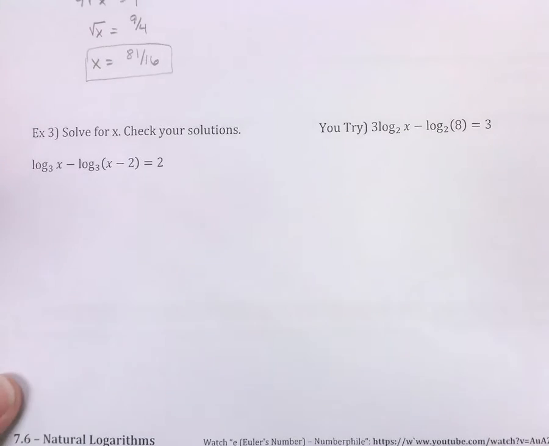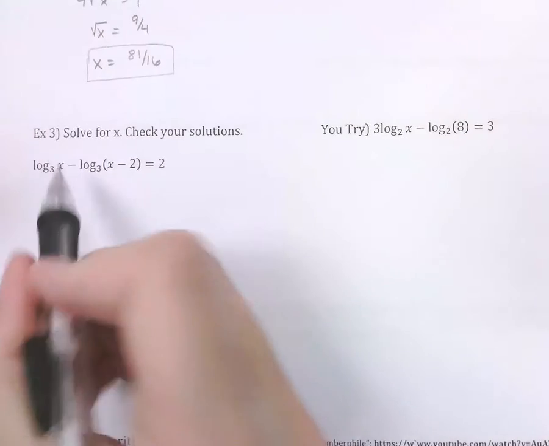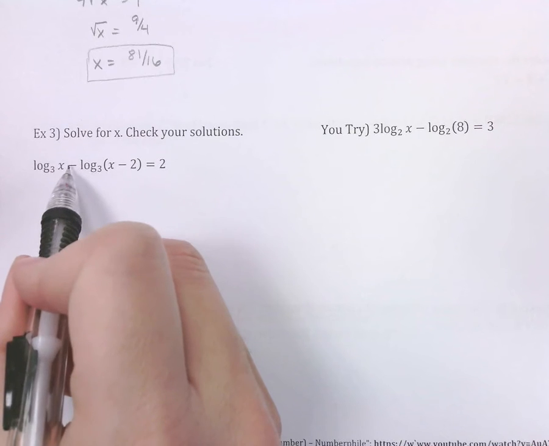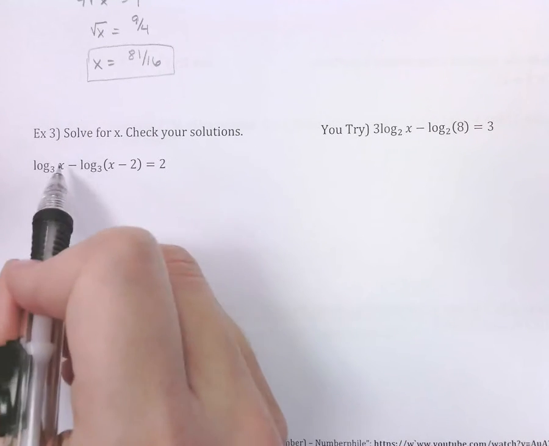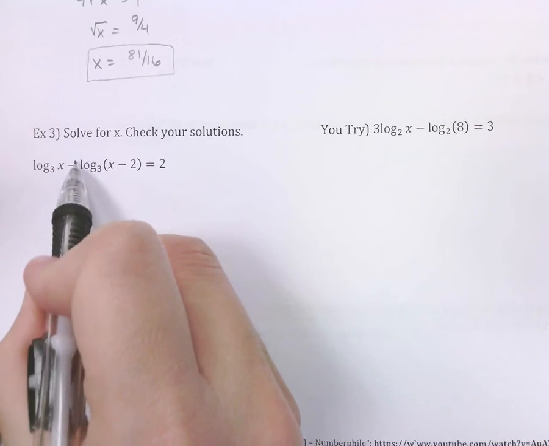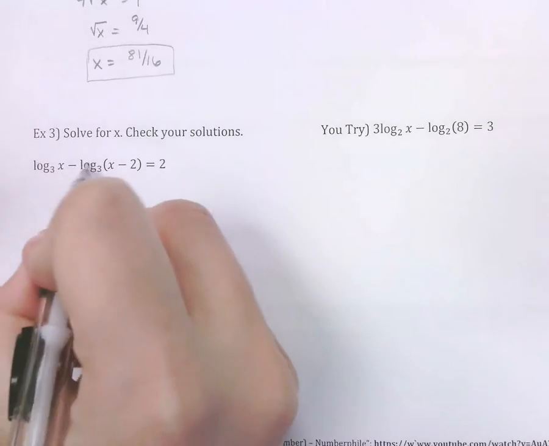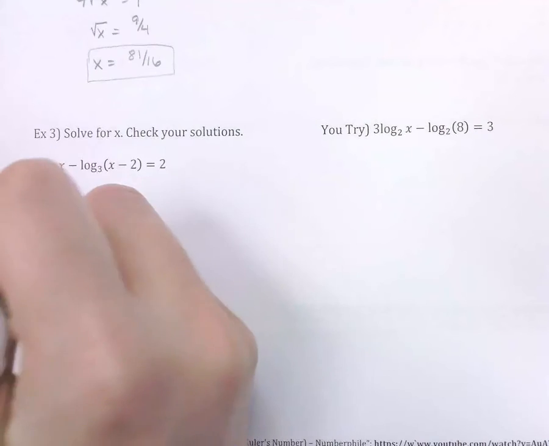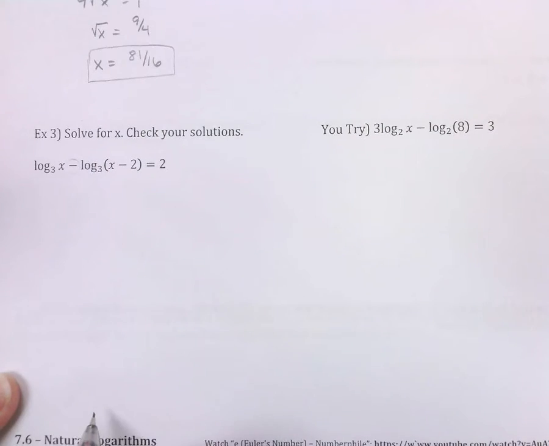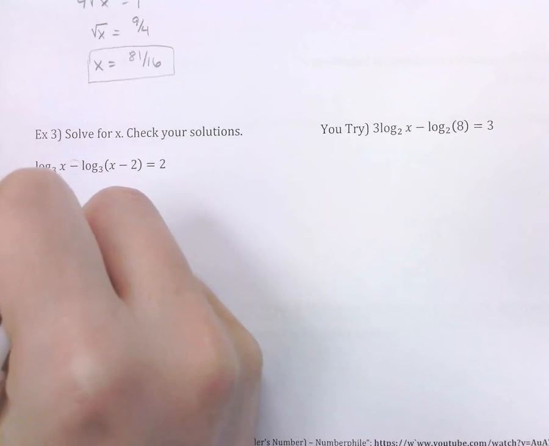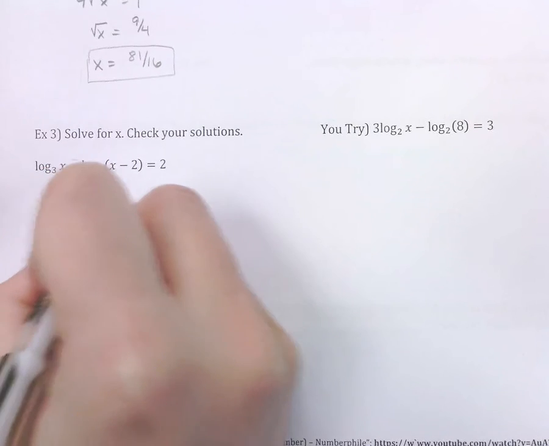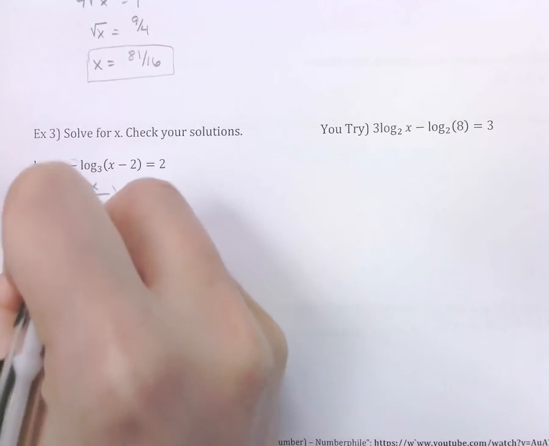Okay, so if it says minus, before you start to divide stuff, you just want to make sure that there's no things that could be exponents, but there aren't. If there was a number here or a number here, we would want to take care of that first. So we're going to condense using our quotient property. You're going to make x the numerator and then x minus 2 the denominator.